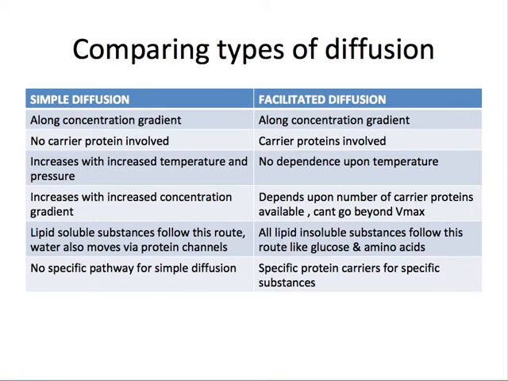Lipid soluble substances prefer the route of simple diffusion, while lipid insoluble substances follow the route of facilitated diffusion. And keep in mind that the protein carriers which are used in facilitated diffusion are not random carriers. These are specific carriers.